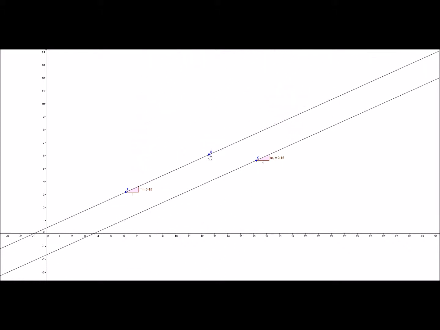Now what I'm going to do is have a look at what the gradient or the slope of my line is. GeoGebra calls it the slope, I'm not quite sure why. So you can see currently the gradient of each line is 0.94. If I move my lines, the gradients change, but because they're parallel, the gradients always stay the same.